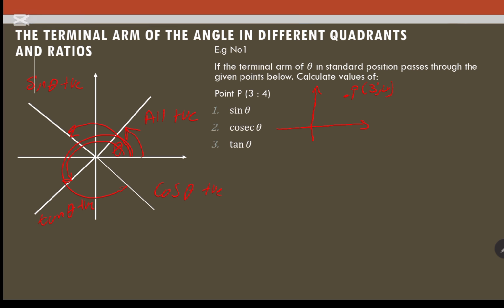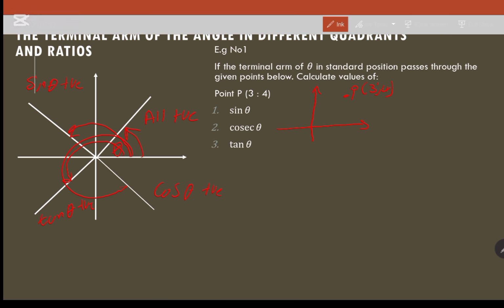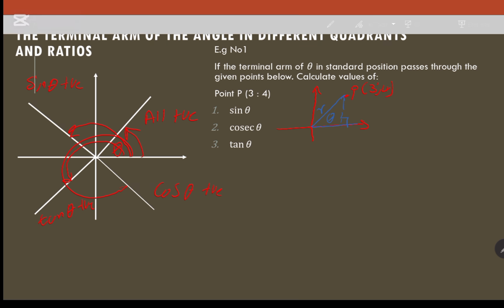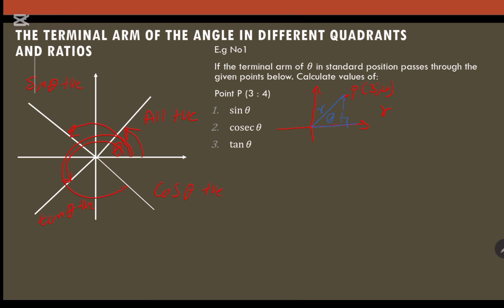So the terminal arm of this angle goes through that point, and we've got our angle theta here. So in order to solve this, you simply complete your right angle triangle here and determine the length of r. So let me use a different color so that it is visible. So I simply say r squared is equal to x squared plus y squared.